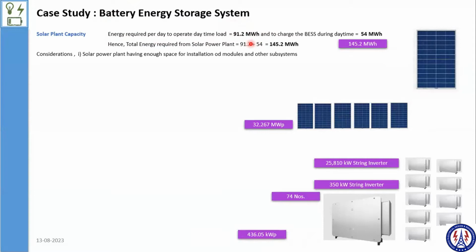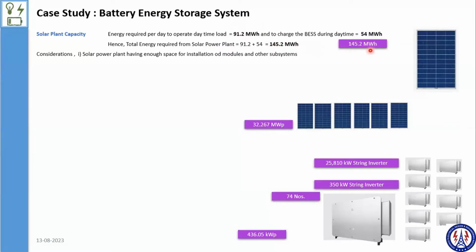And to charge the BESS during the daytime, how much energy do we require? 54 I need to store into the battery, and this much energy I require to power my load, 80% of load. So totally, the energy I need to produce from the solar power plant is 145.2 megawatt hour.